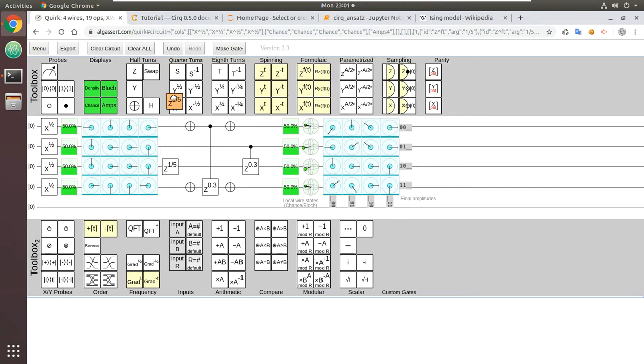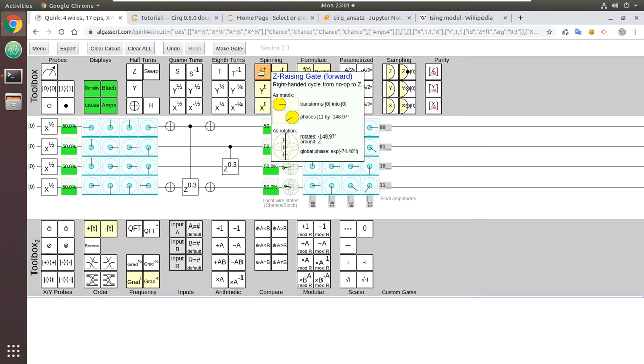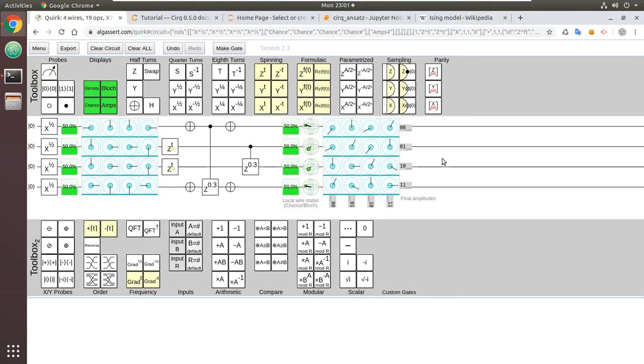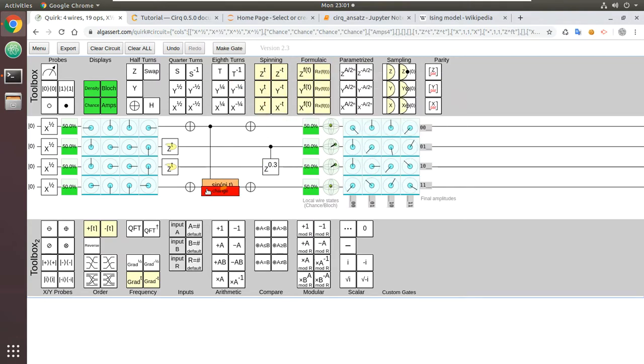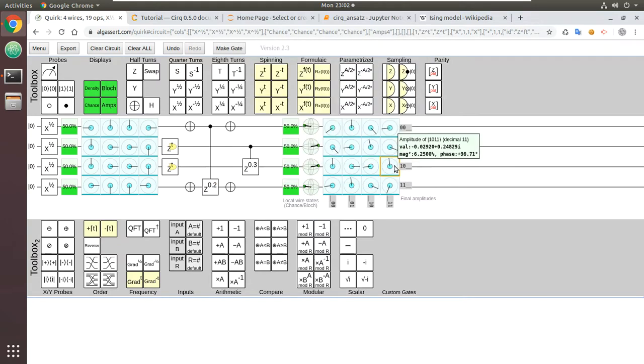So if I change those for Z gates, you can only see the phases being changed.